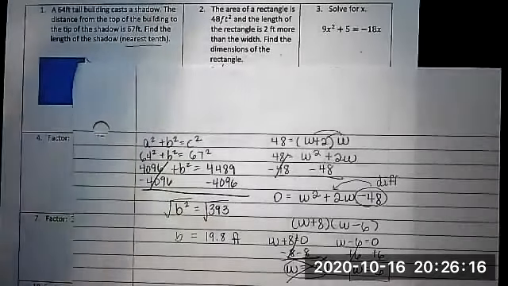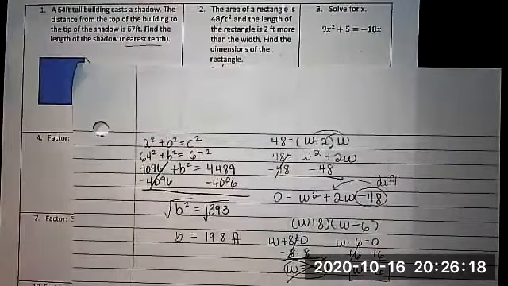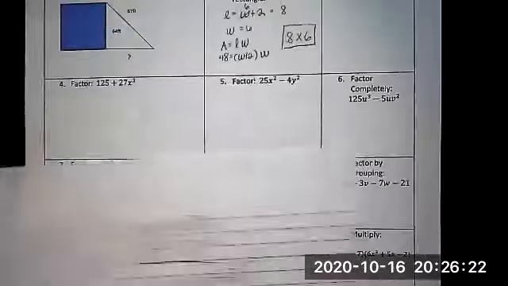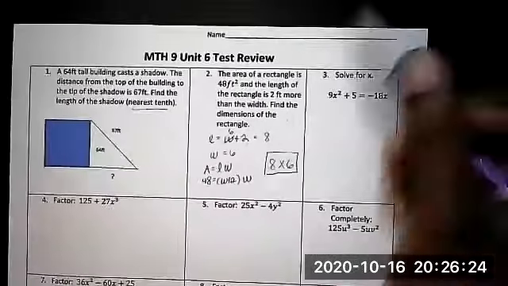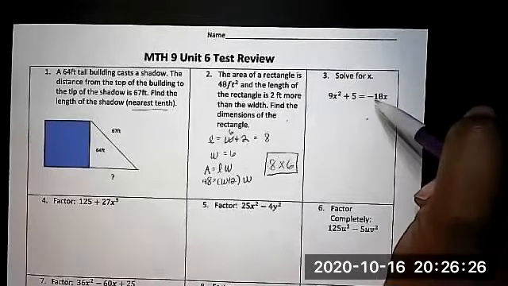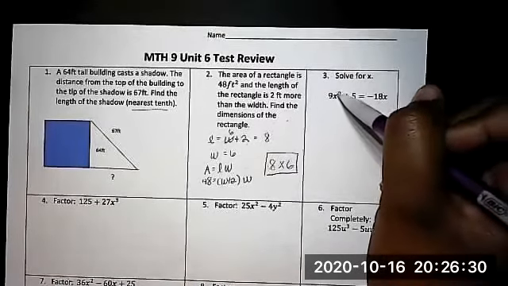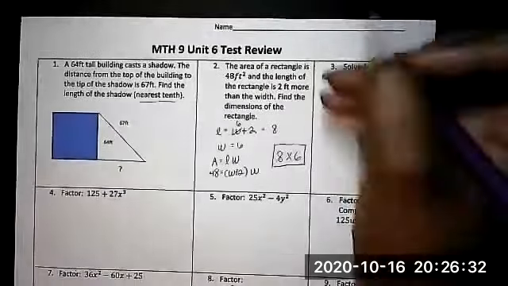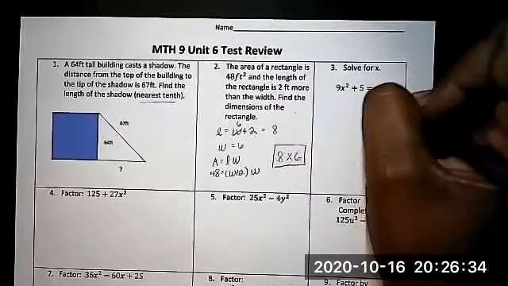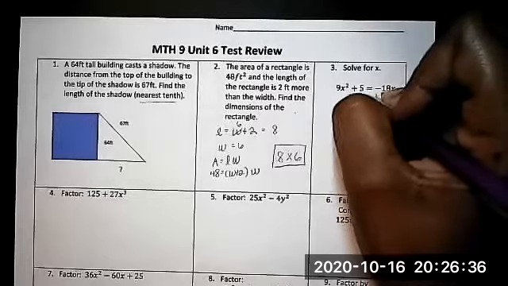All right, so let's look at the next problem. It gives you 9x squared plus 5 equals negative 18x. Of course, if you have the x squared, you're going to get everything equal to 0. So I'm going to add 18x to both sides.